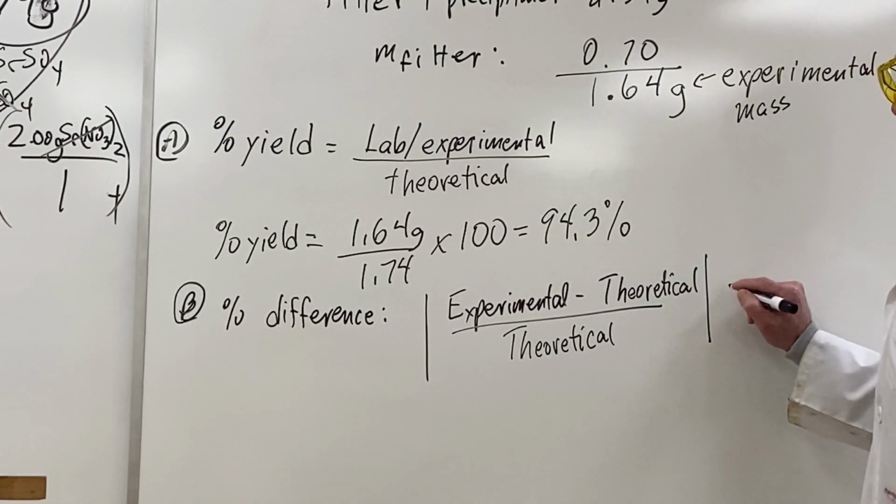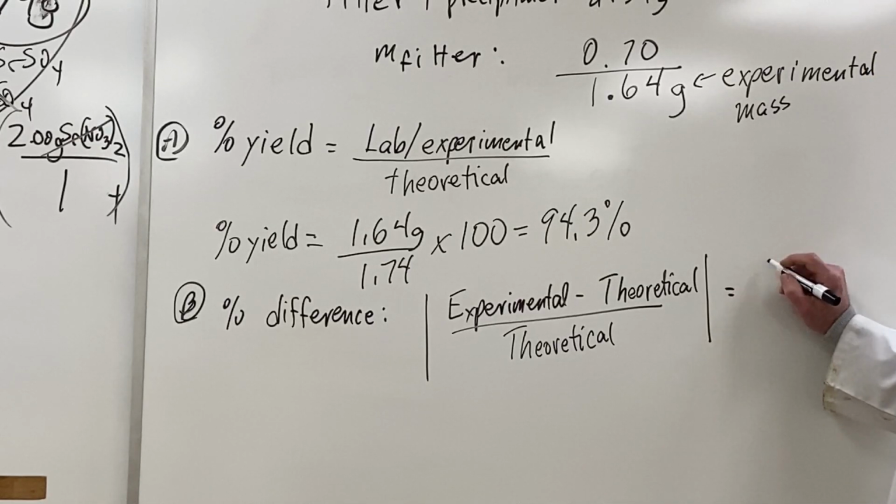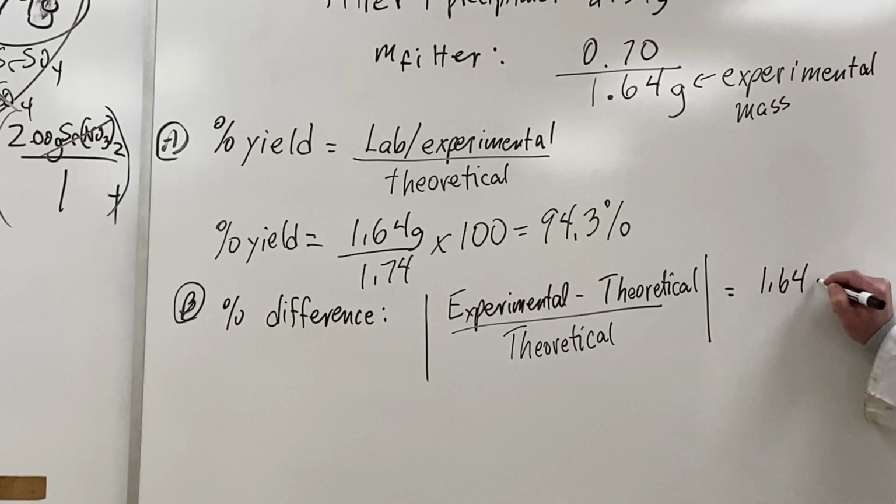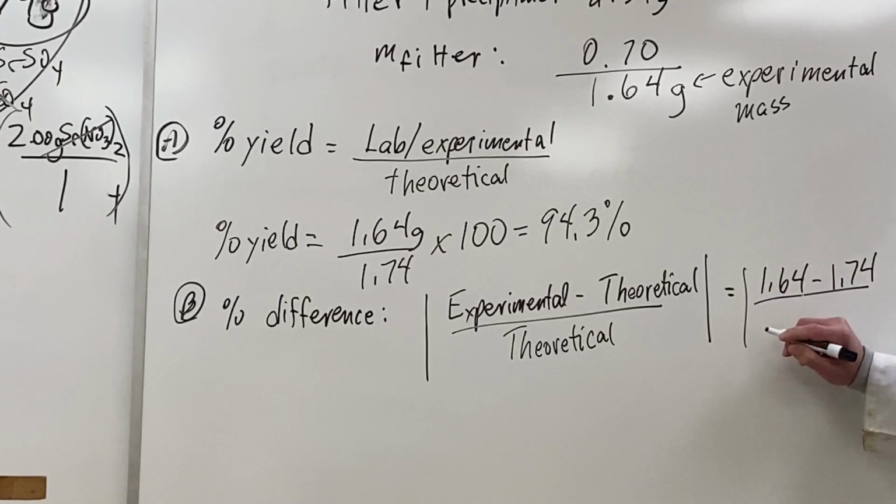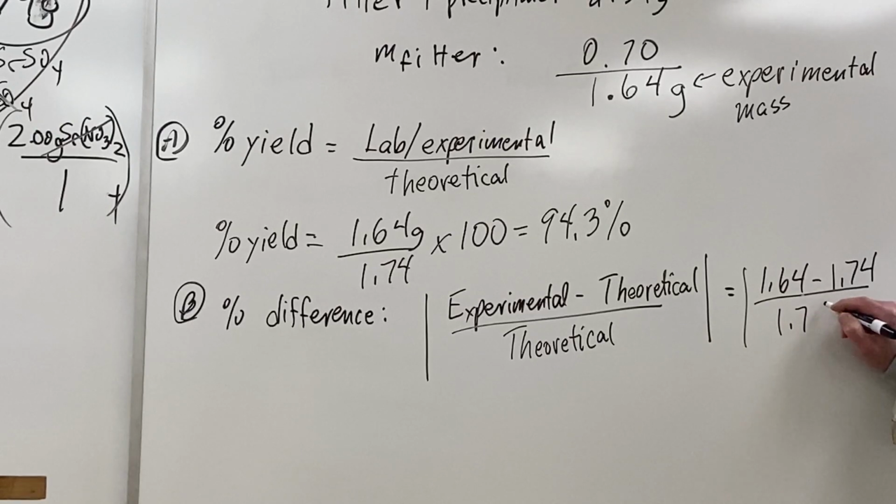And what we would get here is 1.64 subtract 1.74 divided by 1.74. It's basically 100 minus what we calculated up top there. Yeah, 5.75 roughly. 5.75%.